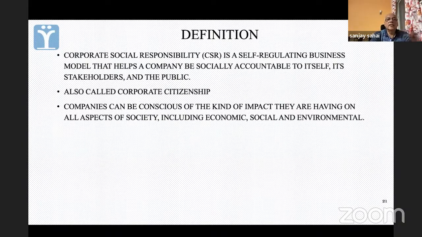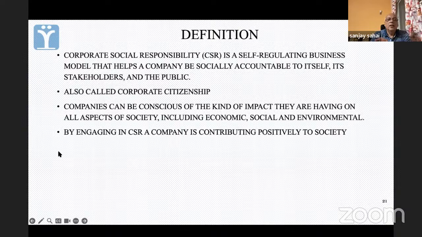So what this concept is, that let this be a way for the company to give back something voluntarily to society. And for the company, it makes sense to engage with CSR because it will be contributing positively to society.